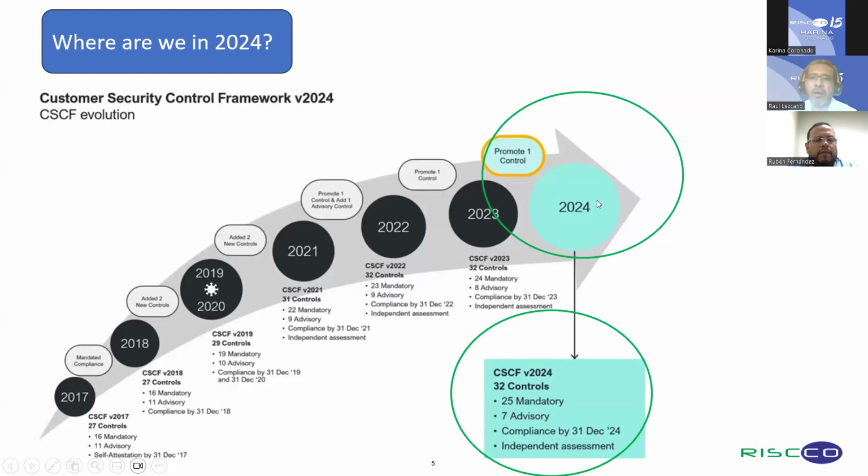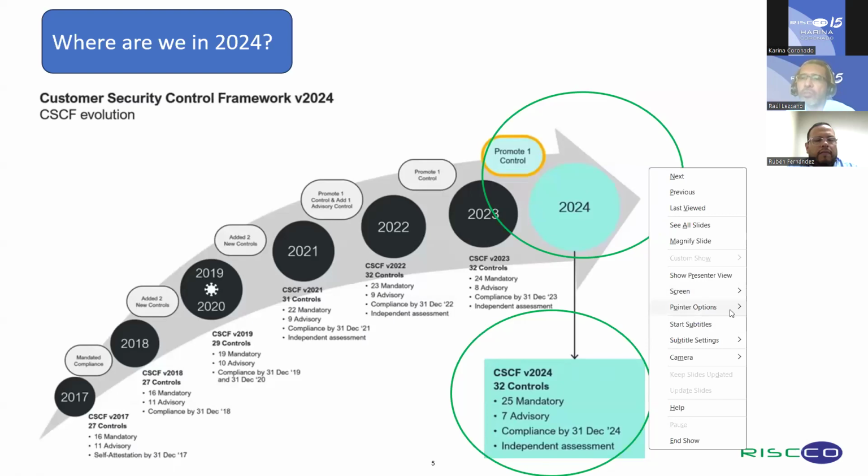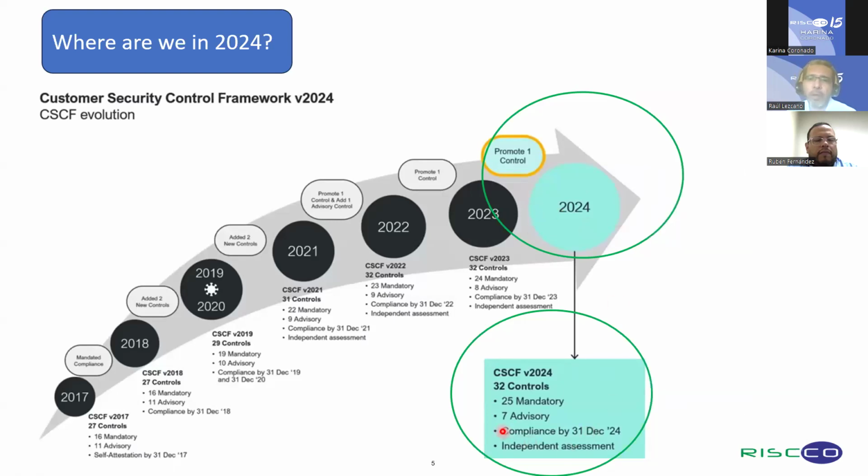As we can see, from 2017, when this control framework was launched, there were 17 controls. During 2024, we have 32 controls, where 25 are mandatory. So there are 9 more mandatory controls than the 16 that were mandatory in 2017, and one control for this year is promoted to mandatory.